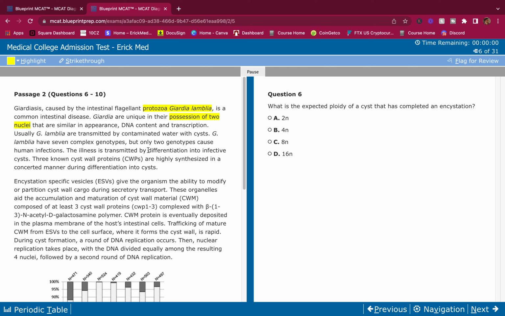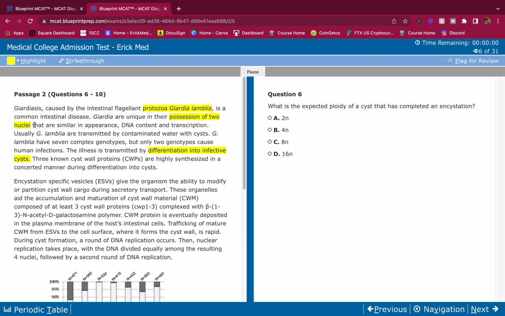So it's transmitted by differentiation into infective cysts. It's the cyst wall proteins that are synthesized during differentiation into cysts.